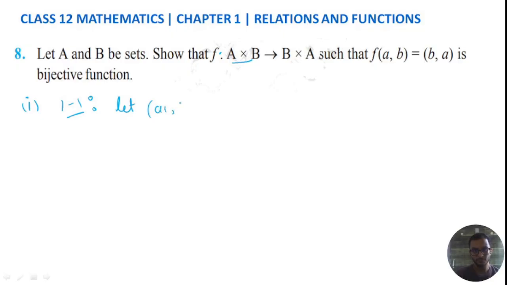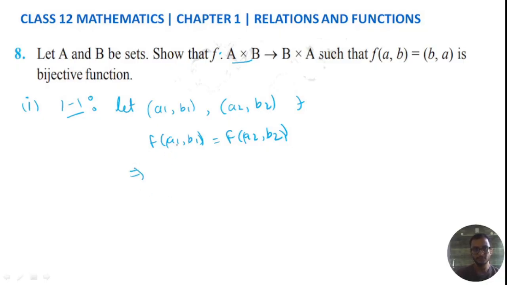Something like (A1, B1). We have to take two points, (A1, B1) and another point (A2, B2), such that their function values are the same, and we need to check whether we are getting those elements as the same or not. That is, are we getting (A1, B1) the same as (A2, B2) or not?